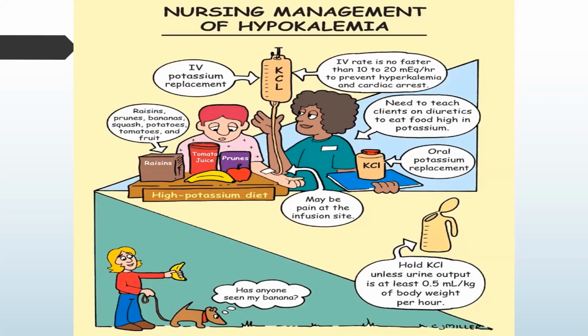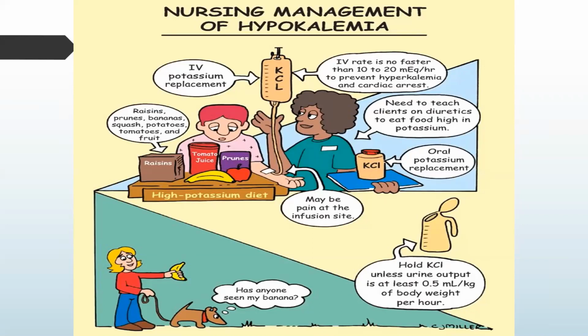If giving IV potassium chloride, it must always be diluted and never given in concentrated amounts. The rate of IV administration of potassium chloride should not exceed 10 to 20 milliequivalents per hour and must be administered by an infusion pump to ensure correct administration rate. This rate is never to exceed 20 milliequivalents per hour under any circumstances.